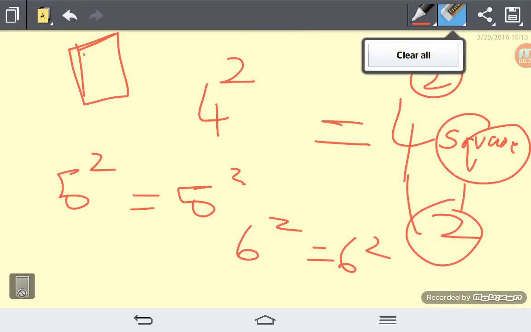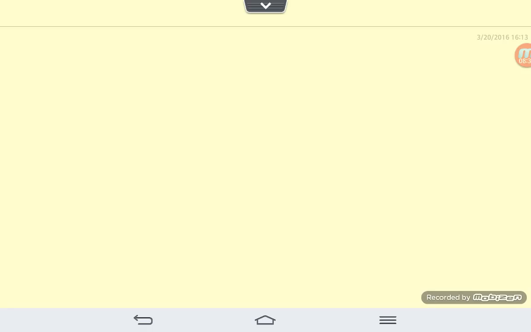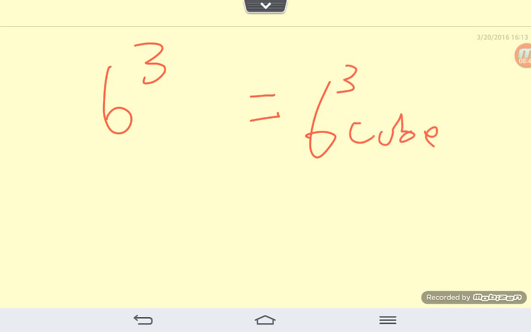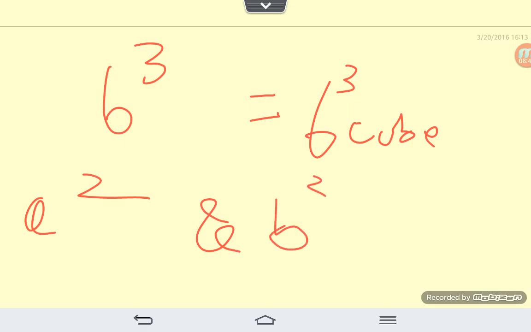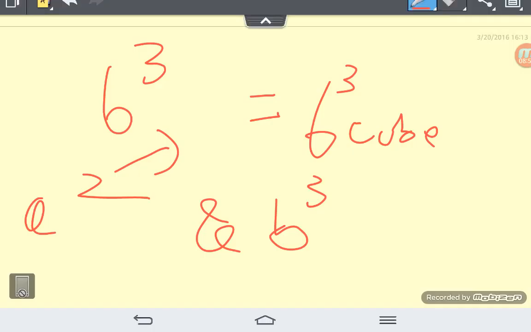And cube is nothing but anything power 3. So if I have 6 power 3, I can say it as 6 cube, and cube is nothing but 3 to the power 3. Now, how did this square and cube get its name? If you take a square, I'll just clear the screen again.